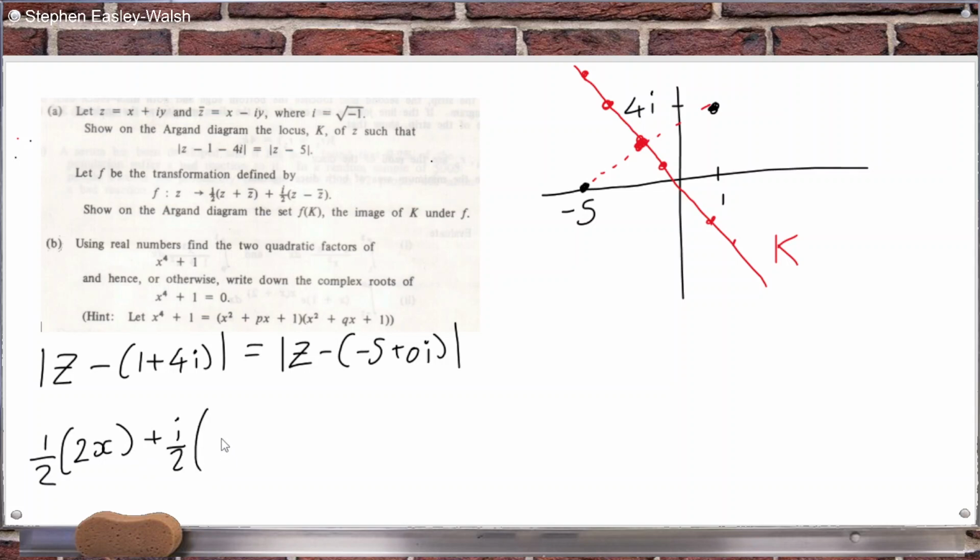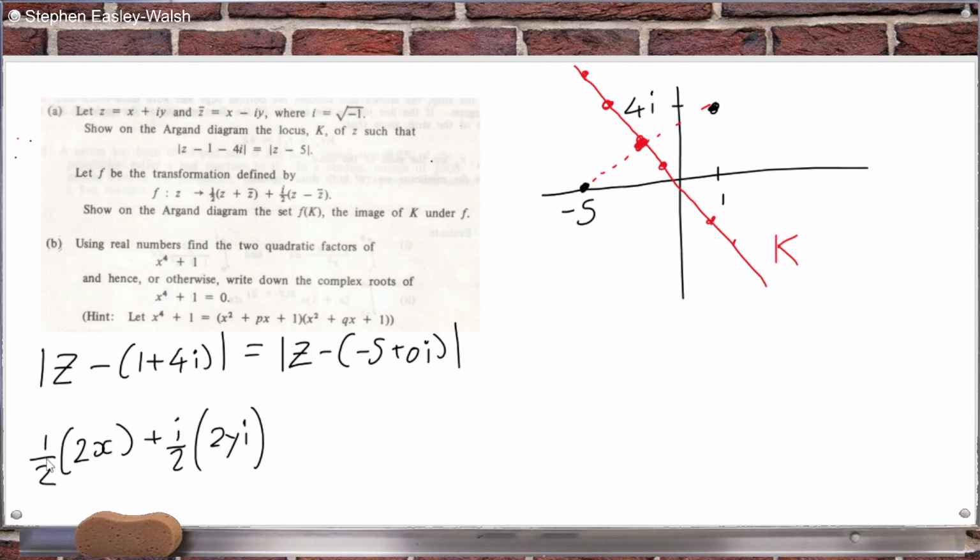And then x minus x. And then you have 2yi, is it? I think so, isn't it? Because it's x plus iy minus x minus iy. So the x's cancel, and yeah, it's 2iy.